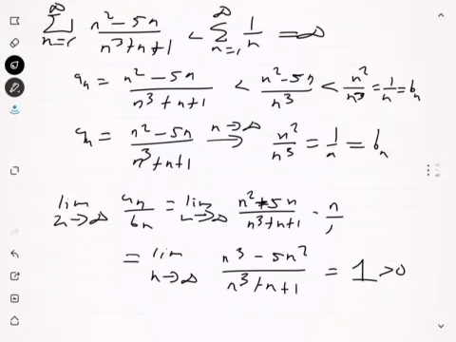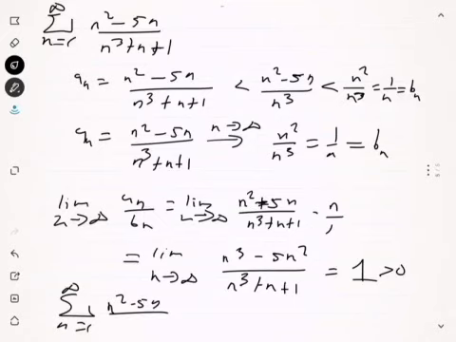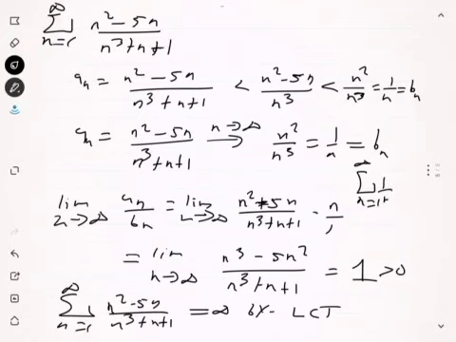So then the limit comparison test says that the original series, I'm going to erase this, the sum from n = 1 to infinity of (n^2 - 5n)/(n^3 + n + 1), diverges by the limit comparison test because the series corresponding to bn, which is the harmonic series, diverges.